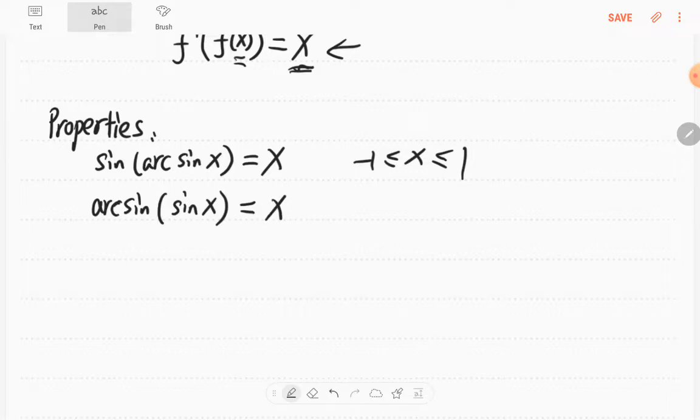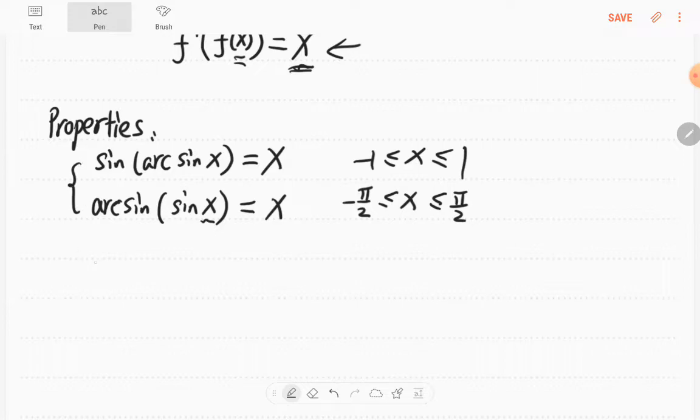So this x is the same x as this one, which represents an angle. And this x is the value of arc sine. So we know that this angle should be from negative pi over 2 to pi over 2. So you can see the difference between the upper x and the lower x, right? This is one group.